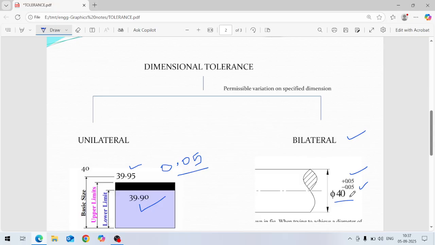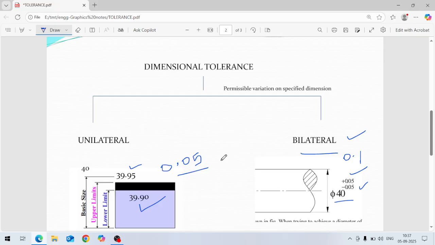So the tolerance here is 0.1 mm. Why 0.1? Because 0.05 upper side and 0.05 lower side. If you add both of these, the total tolerance will be 0.1 mm. So this type of tolerance is called bilateral. This is unilateral and this is bilateral.